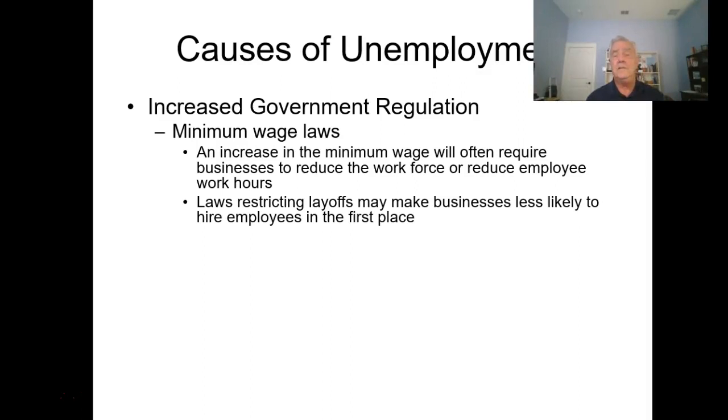Government rules and regulations that sound good on paper or sound good today may result in unintended consequences down the road or in the future. So, as we said, if minimum wage laws are enacted and they're too high, it can force unemployment. Also, laws restricting layoffs may make businesses less likely to hire employees in the first place. If you can't lay someone off or fire them for cause, why would you hire them in the first place?